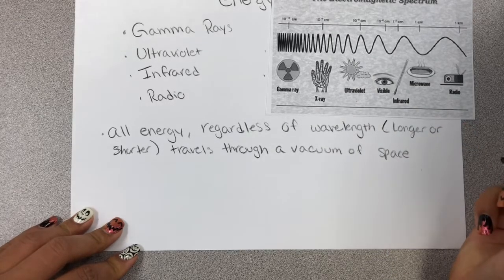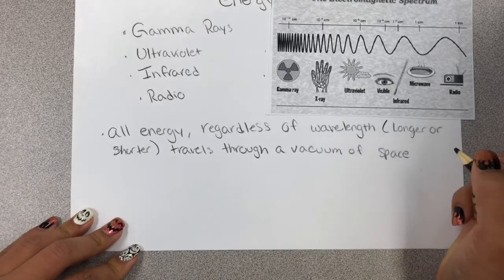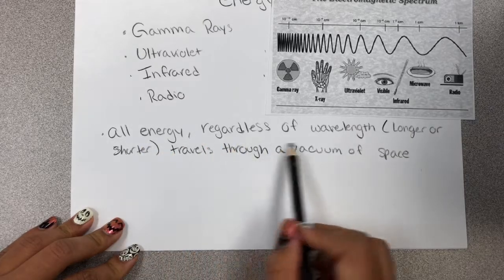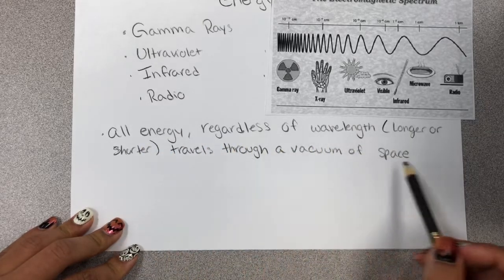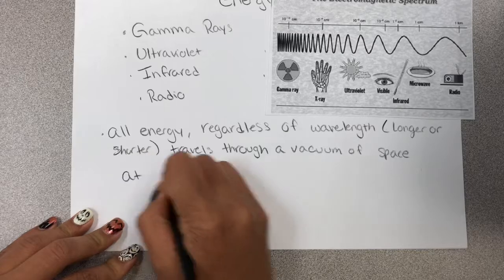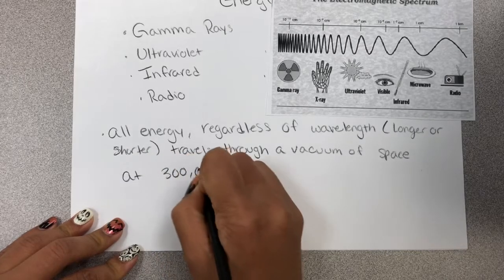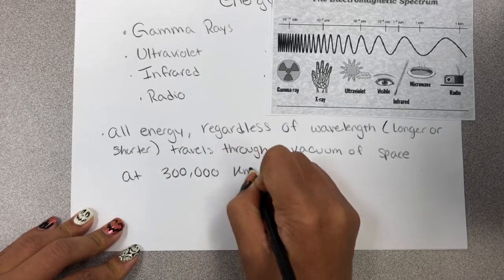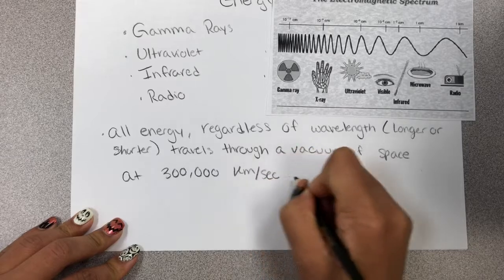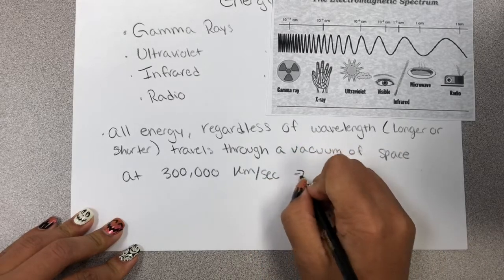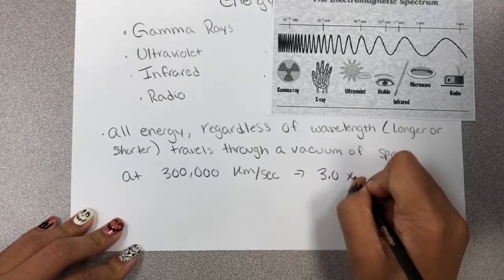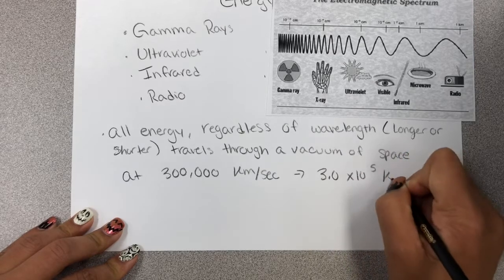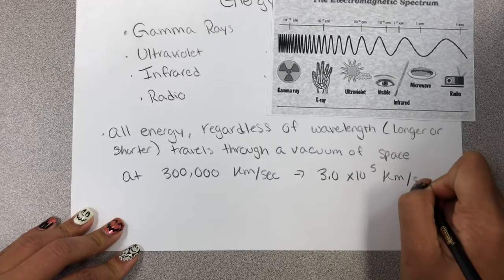So no gravity, pretty much. All energy, regardless of wavelength, travels through a vacuum of space at 300,000 kilometers per second. Or in scientific notation, that is also 3.0 times 10 to the 5 kilometers per second.